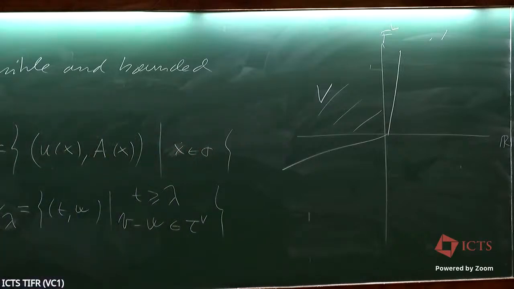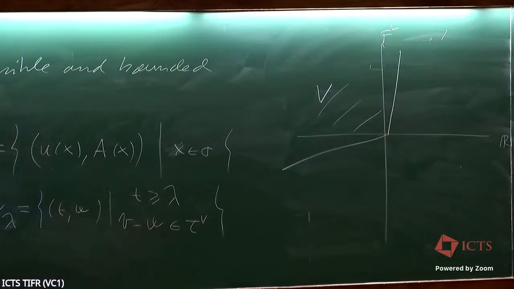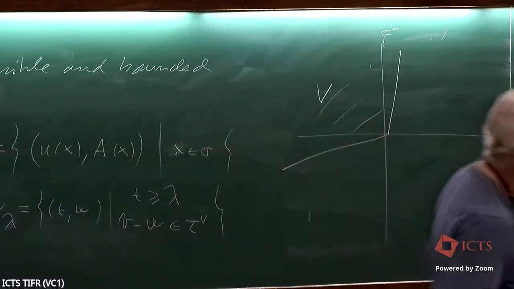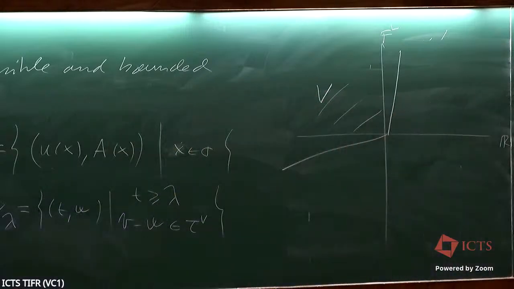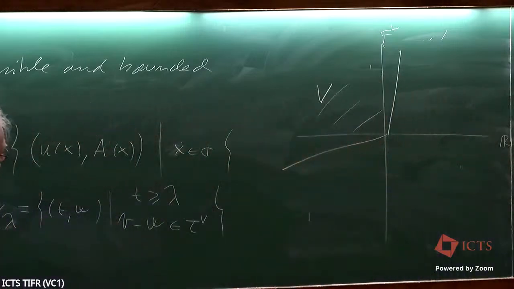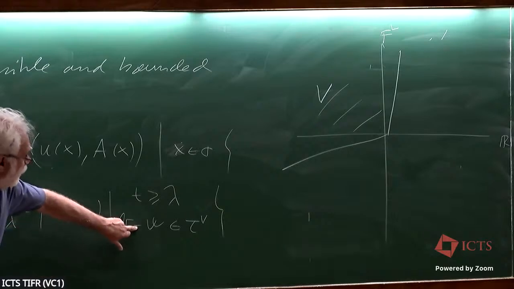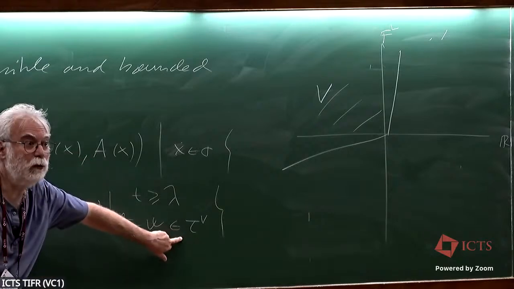W lambda, observe that this looks very much like the condition in my optimization problem. Remember that the condition was that X belongs to sigma, and that B minus A of X belongs to tau dual.